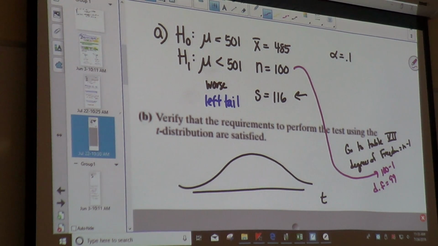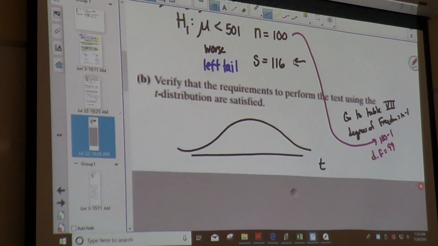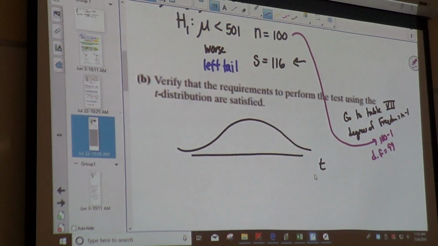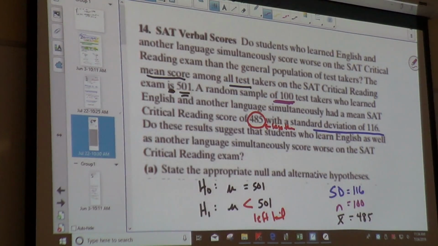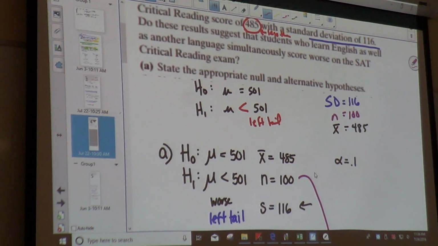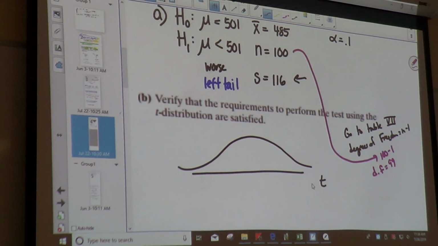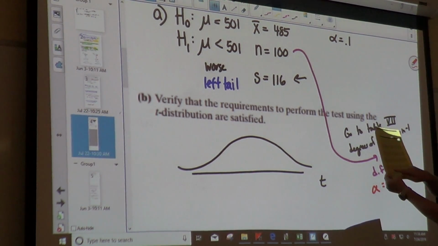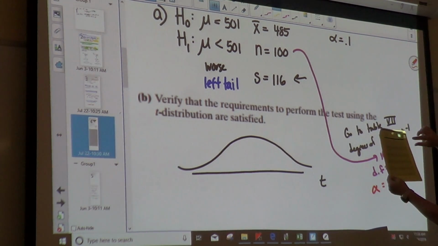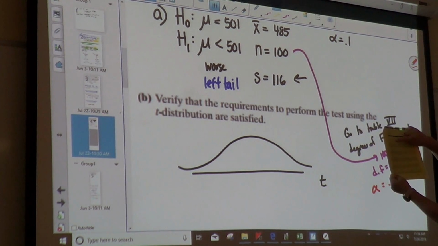Now the other thing that I need to know must have been in the directions. That alpha is 0.1. So on your table 7, you're going to do degrees of freedom. Can you see that when we do alpha 0.1, that's the fourth column over.